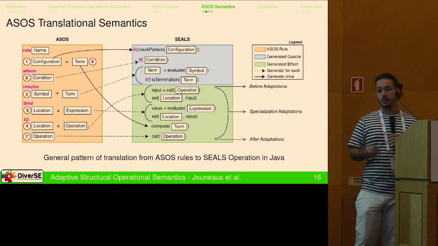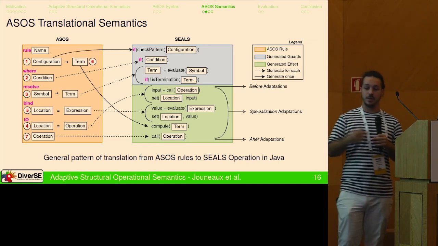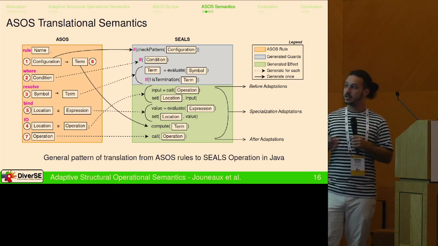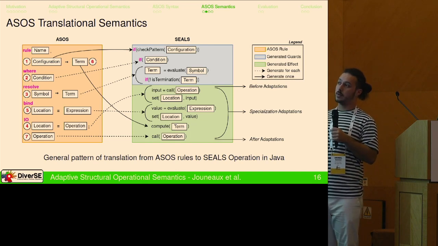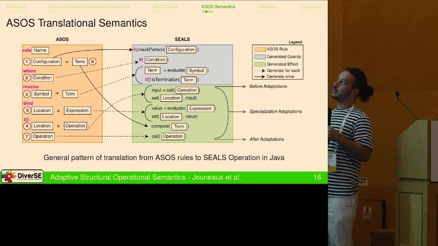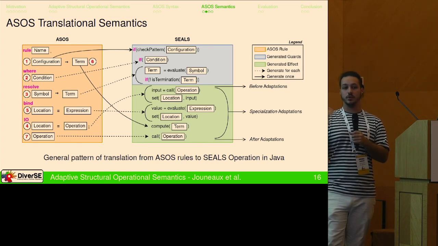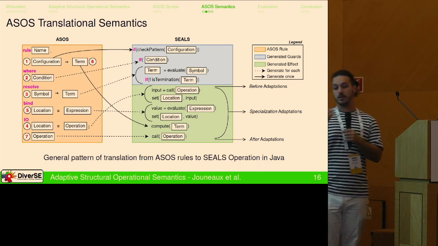On top of that, we provide a translational semantics from ASOS to SEALs to be able to execute the semantics. The idea is the same structure of rule from ASOS. We first generate guards, which correspond to verifying that the current term matches the input pattern in the conclusion of the rule.